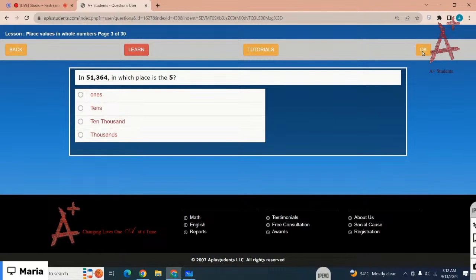Okay, in 51,364, in which place is the 5? Ones, tens, 10,000, thousands. Which is the correct option?